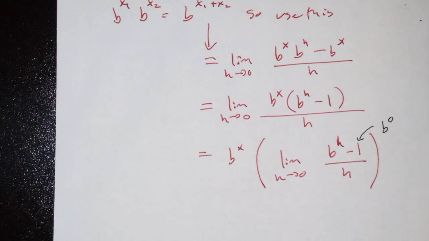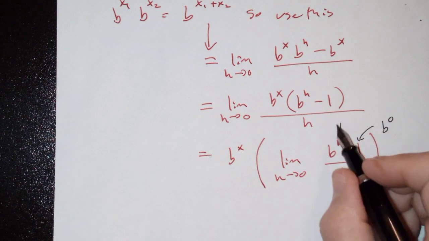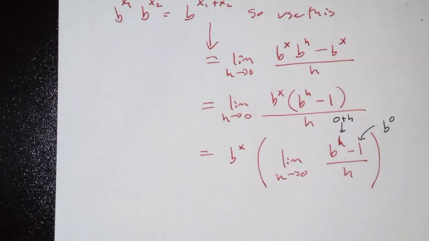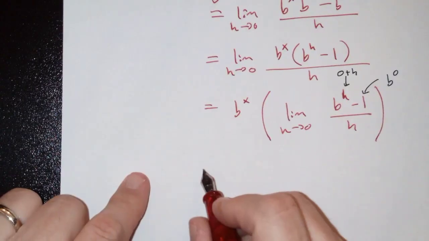Then I'm going to do something else sneaky. I'm going to take this h that's up here on the top, and I'm going to write it as 0 plus h. So here's the new version.